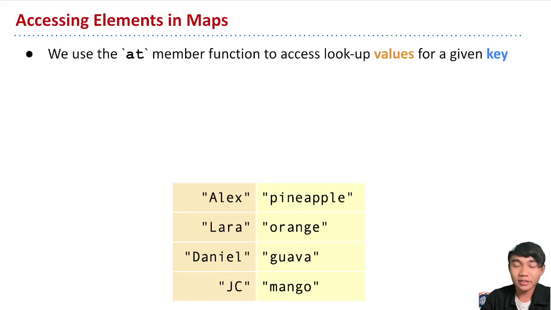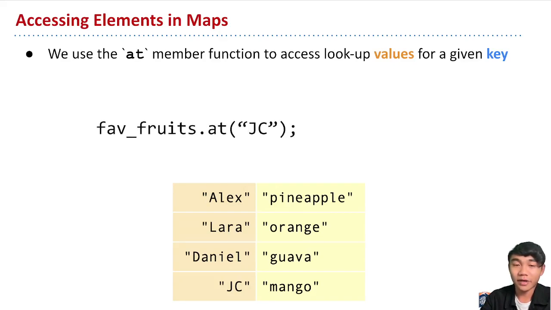So we can access elements in maps just like how we do in vectors with a member function called the at function. But the difference here is that instead of using the index like we do for vectors to access a particular element at a given index, for maps, we pass in the key. We want to find the value that's associated with that key, right?